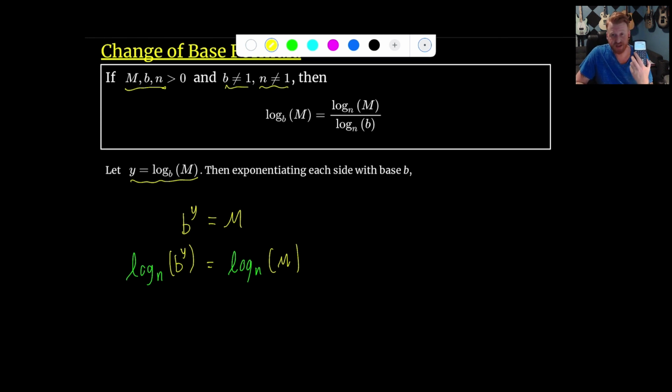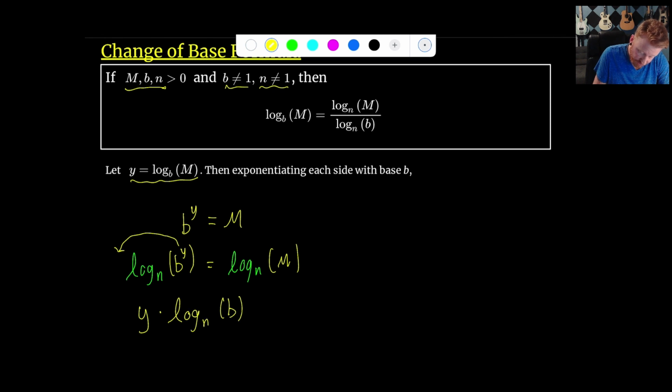Probably pick something that's on the calculator, like a common log or a natural log. I usually pick natural log. But we're just proving it in general. So now in this next step, I can use the power rule to pop this y down in front. So we'll have y times log base n of b is equal to log base n of m.